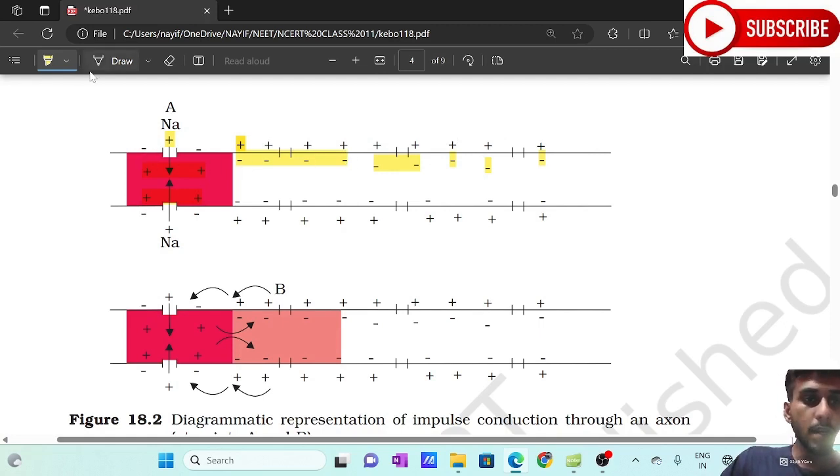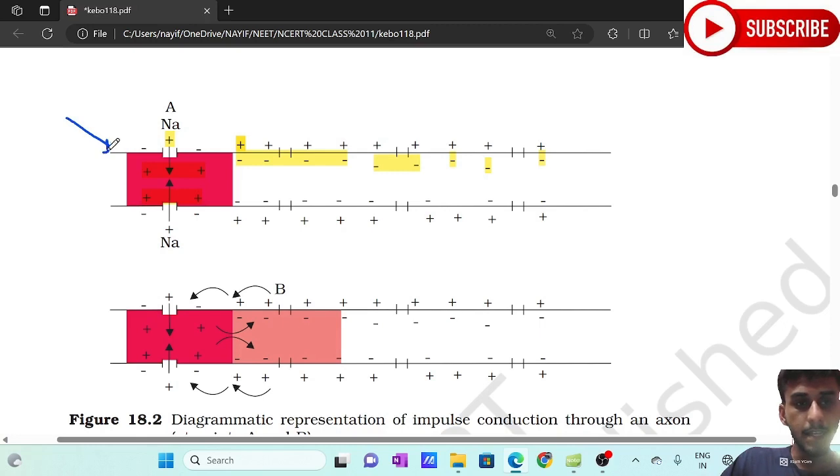But when a stimulus, an action potential, hits this area, what happens? Certain channels get opened, meaning the sodium channel will open. So sodium from outside will come inside, because sodium is an extracellular ion. So it will become a positive charge here.